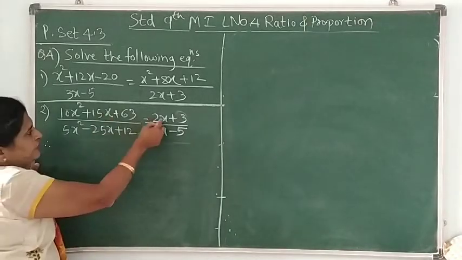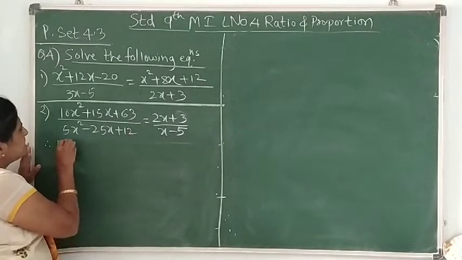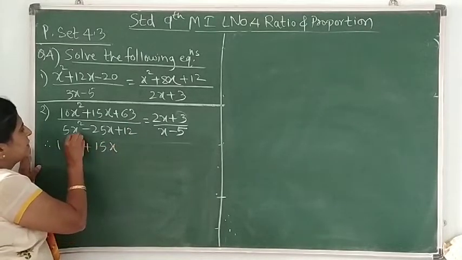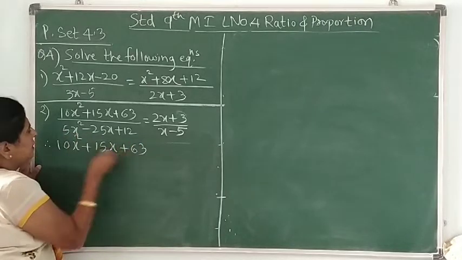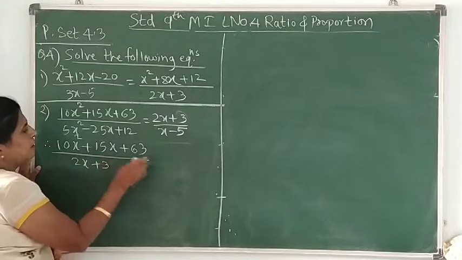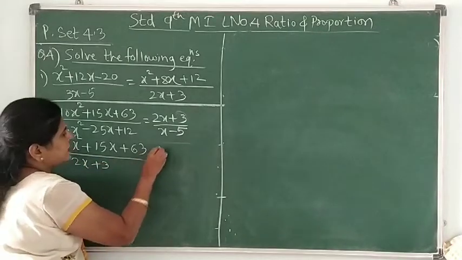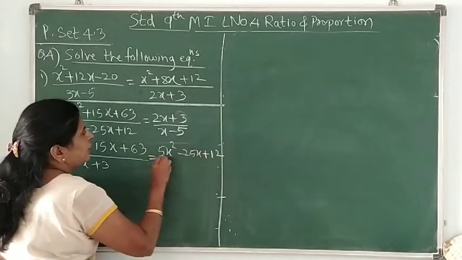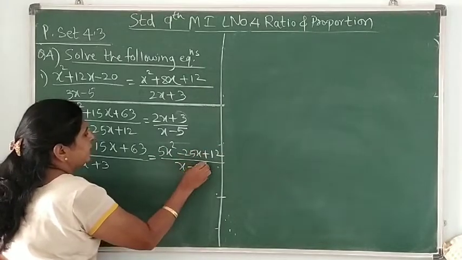We have to take the ratio of the alternate. So if it is 10x square plus 15x plus 63 divided by 2x plus 3, that equals 5x square minus 25x plus 12 upon x minus 5.